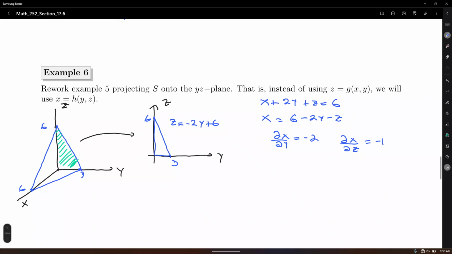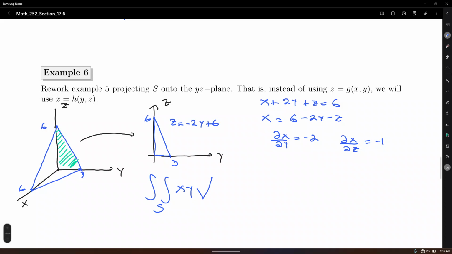Okay, so let's set up the surface integral, but be careful with the variables. Number one, the same surface integral, the double integral over the surface S of the function xy, which represents the density of the shell, times the square root.